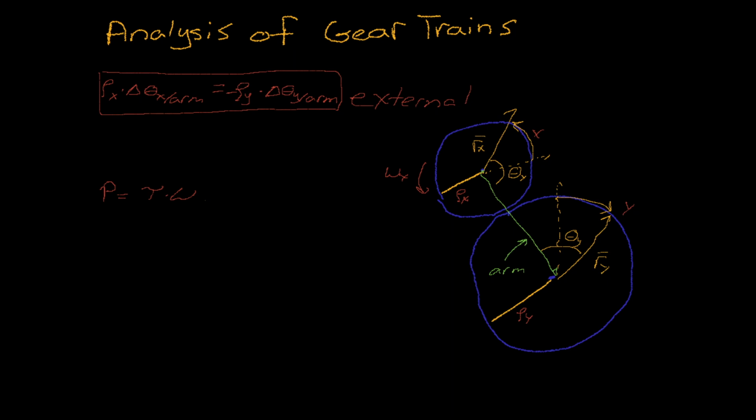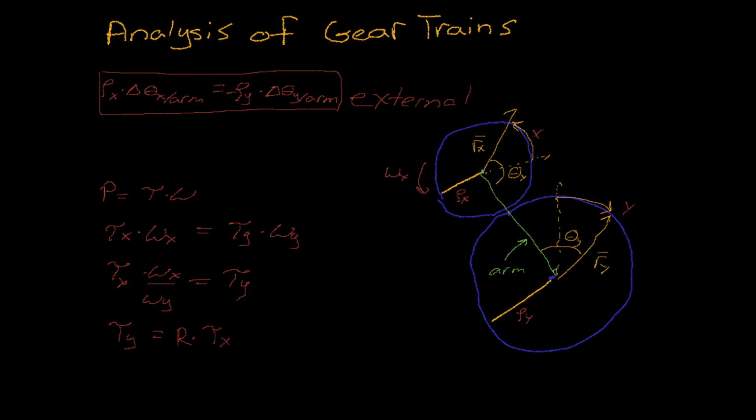So we know that the torque on x times the speed of x, omega x, is equal to the torque on y times the speed of y. So now we can write this as the torque on x times omega x divided by omega y, where omega x is the input and omega y is the output, is equal to the torque on y. Now we can rearrange this: the torque on y is equal to omega x over omega y, which is just the gear ratio r, times the torque on x.